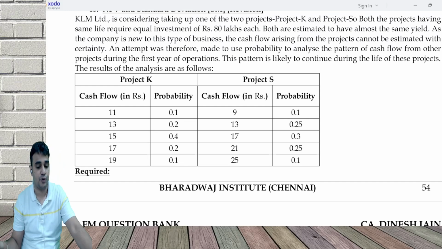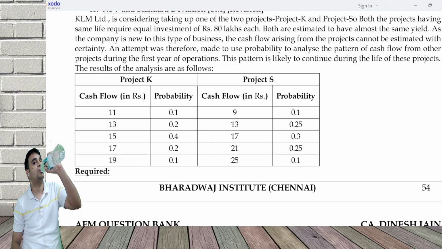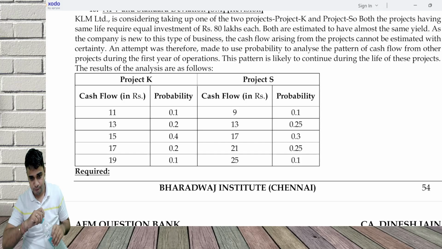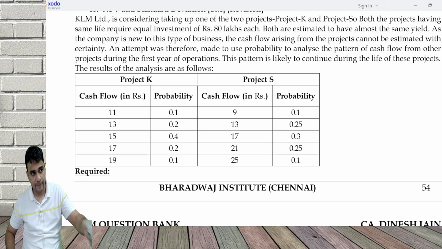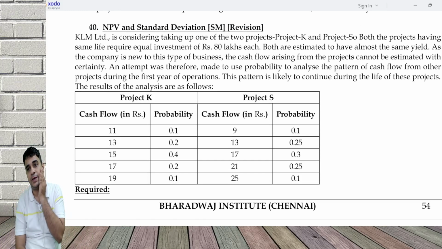Let me know which approach you want me to do: approach 1, approach 2, and how are we going to do it?